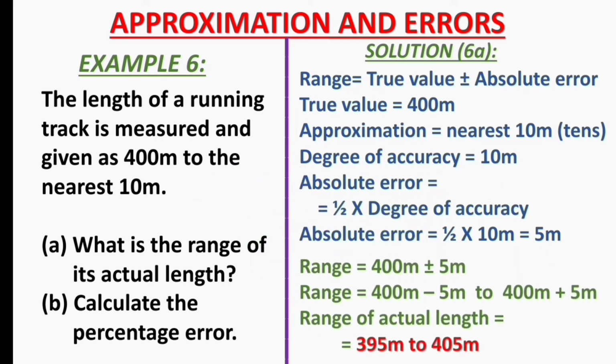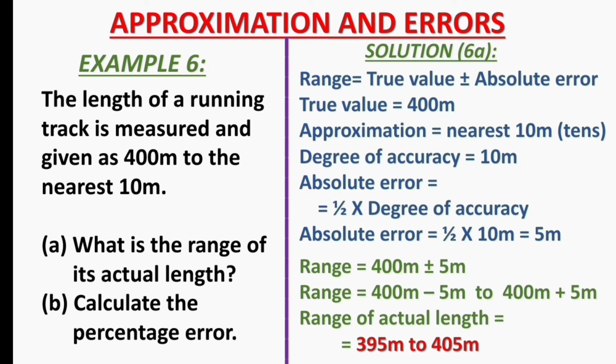Now for question 6a, what is the range of its actual length? The range is the true value plus or minus the absolute error. That makes 400 meters true value plus or minus 5 meters absolute error. Now I'm going to subtract first to get the lower limit of the range, which is 400 meters minus 5 meters.